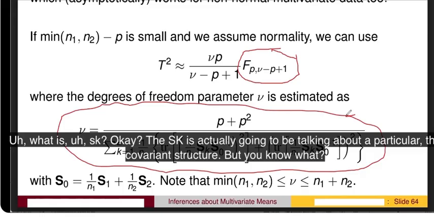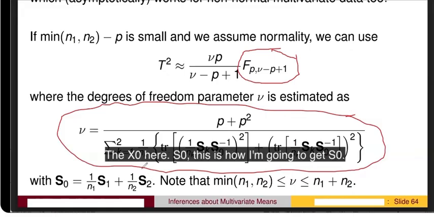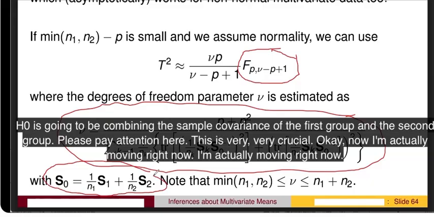What is S_K? S_K is the covariance structure for a particular population K. And what is S_0? S_0 is going to be combining the sample covariance of the first group and the second group. Please pay attention here. This is very crucial.